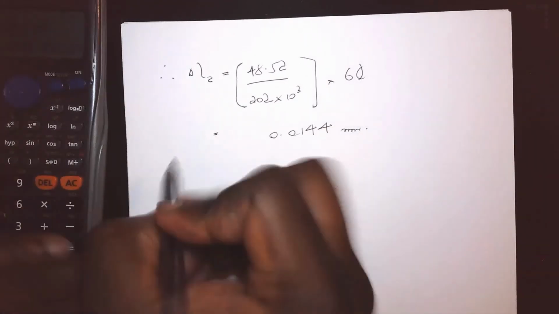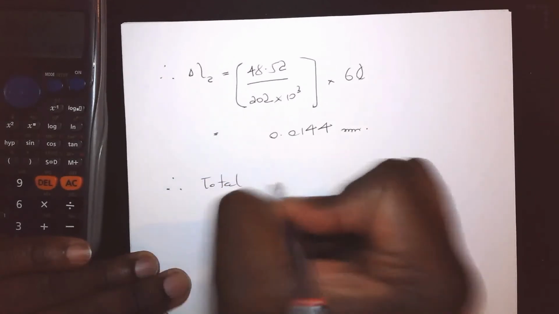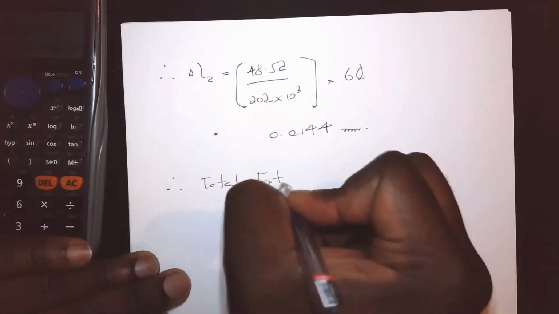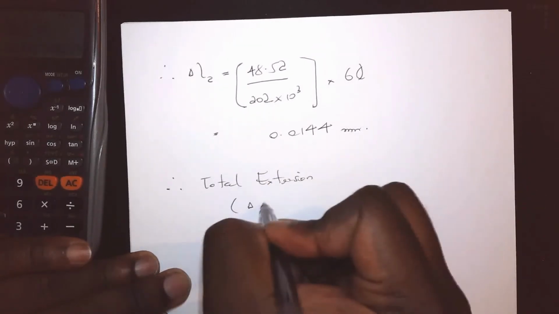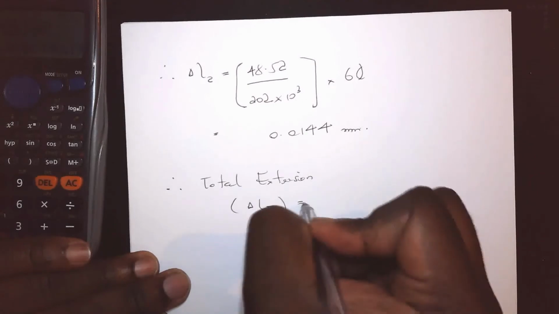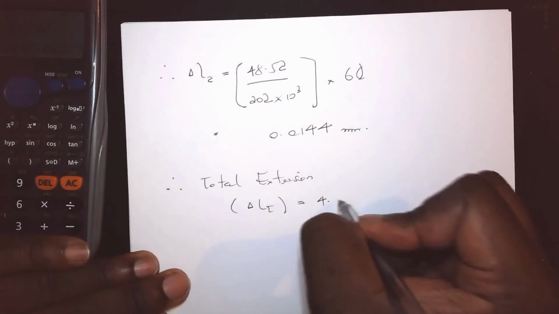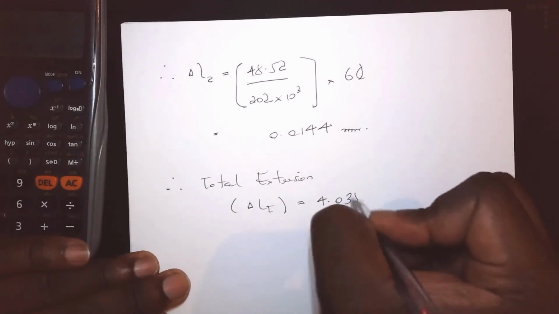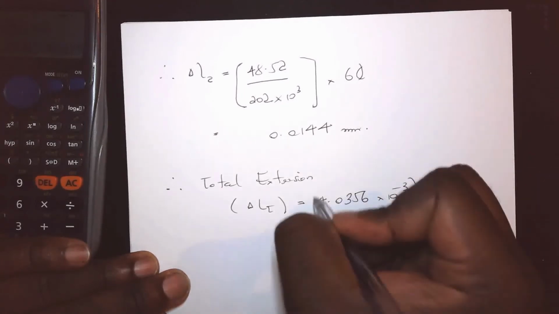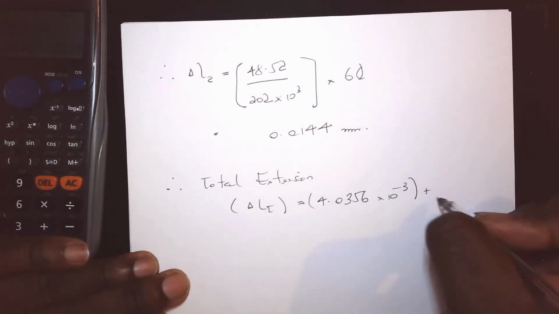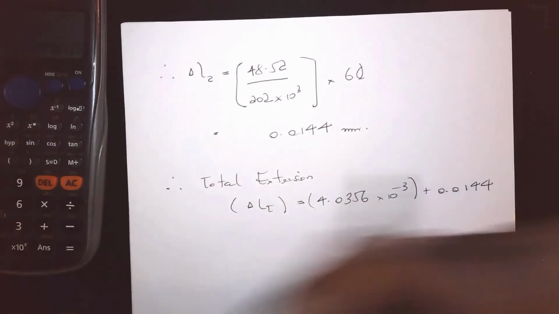millimeters. Therefore, the total extension delta LT will be equal to 4.0356 times 10 to the power minus 3 plus 0.0144.